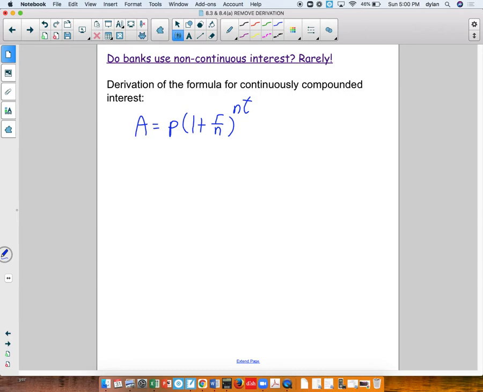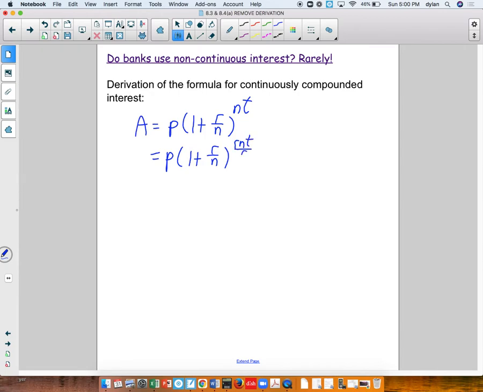The first thing we're going to do is put r over r in the exponent, and you'll see why in a moment. So let's say we had r over n times nt over r.